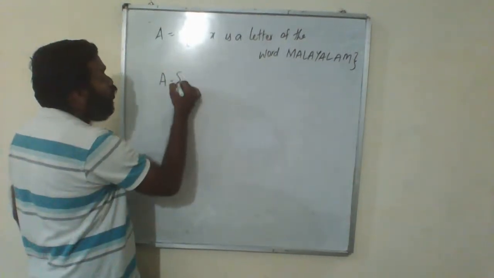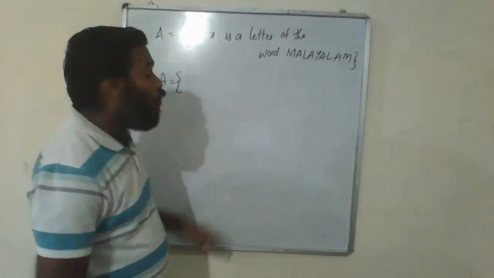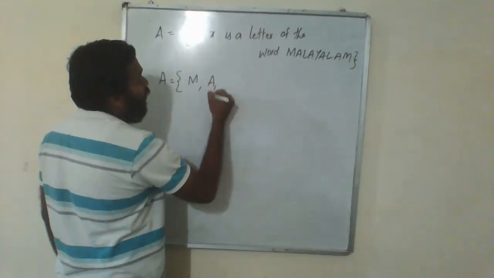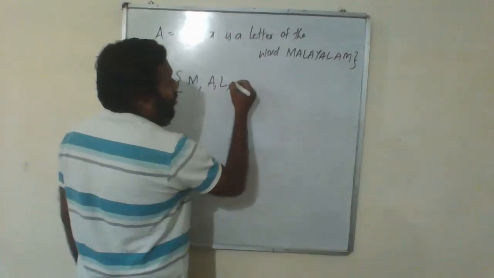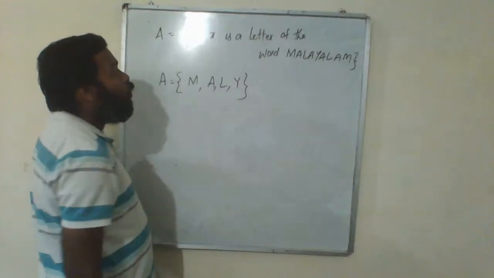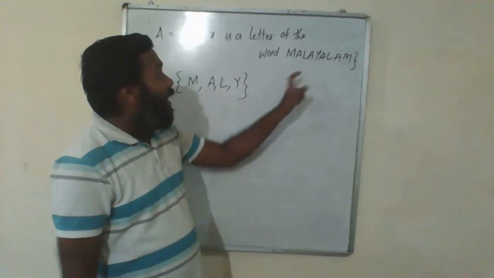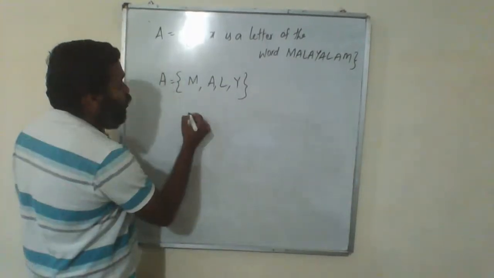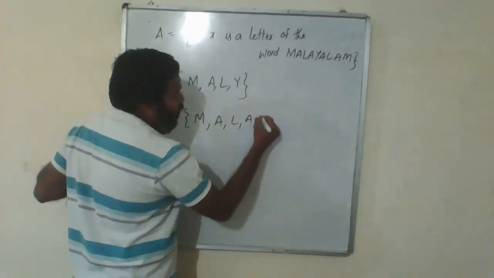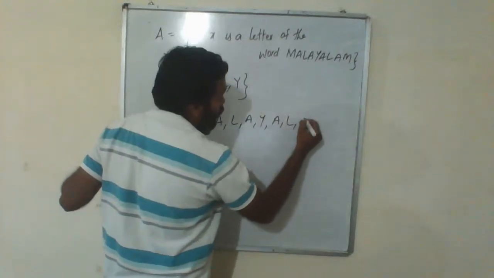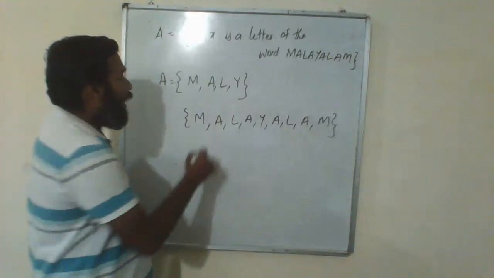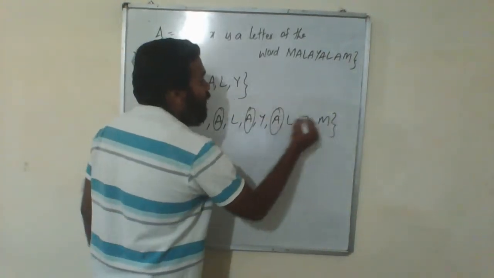Then if you are going to write down the roster form, you have to write M, A, L, Y. You need not repeat the elements of the set. You should not write the set like this. The elements should not be repeated.